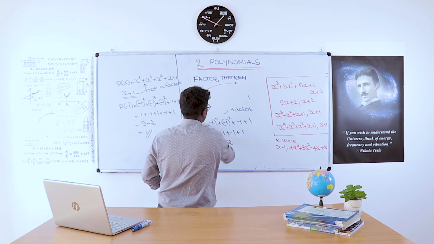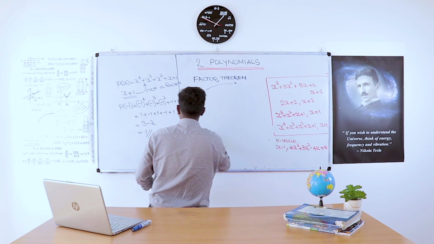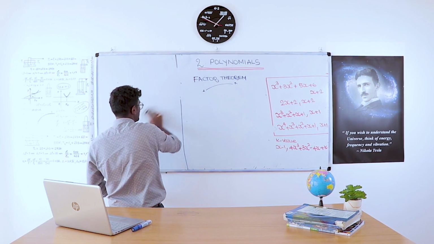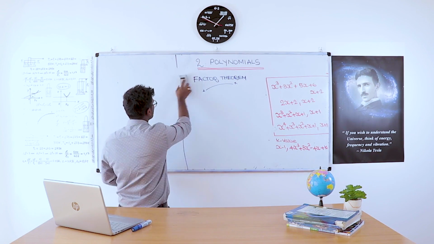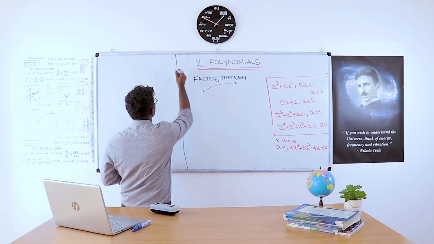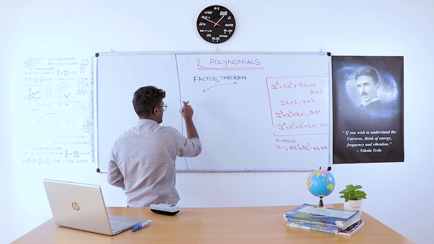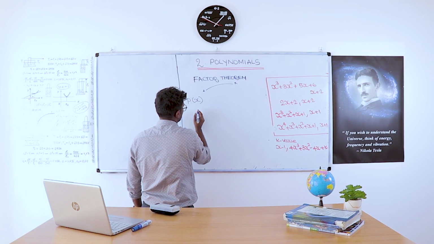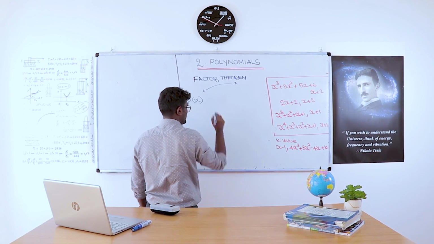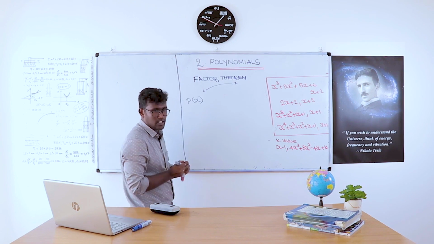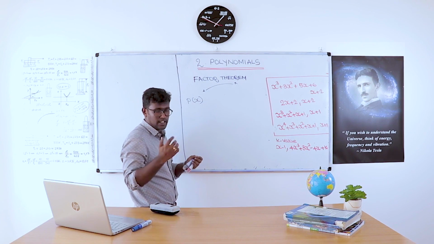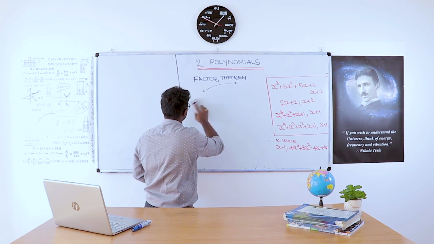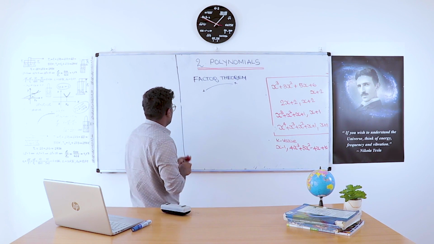So what about the factor theorem? If P of x is given by something like 3x square plus 4x cube plus 5x, generally we have to mention P of x.